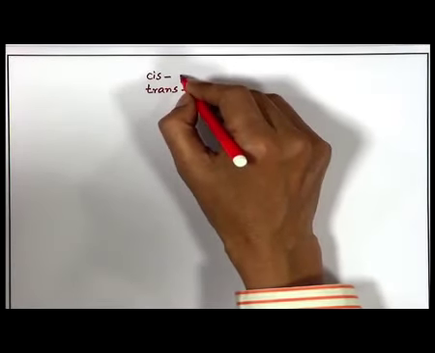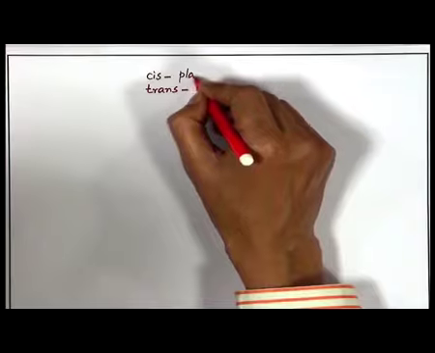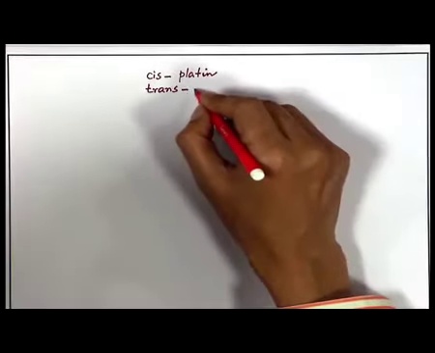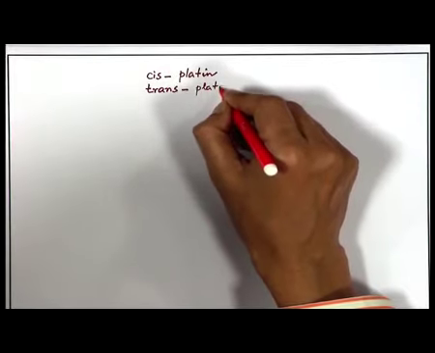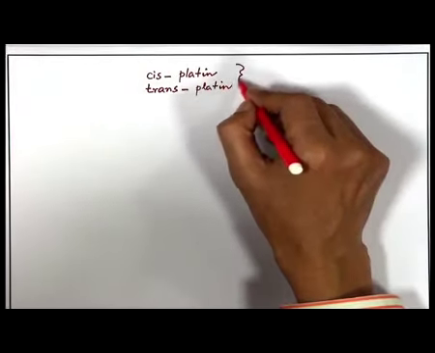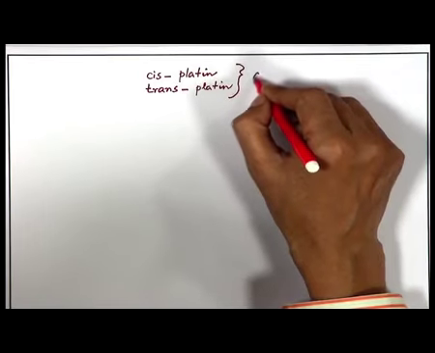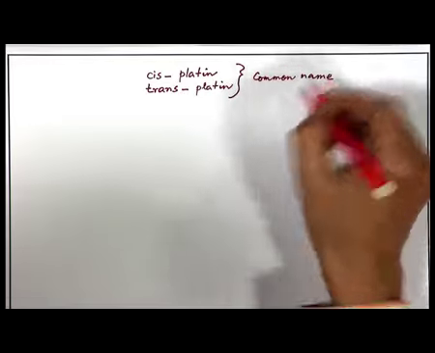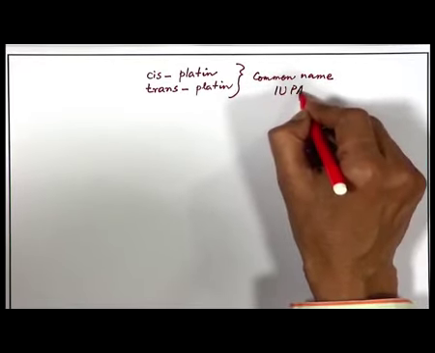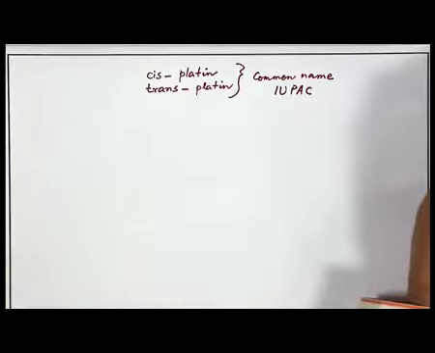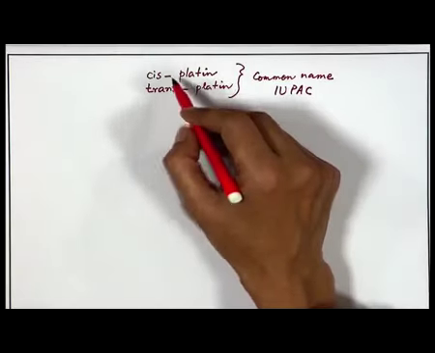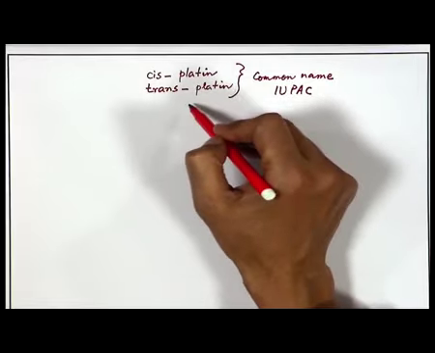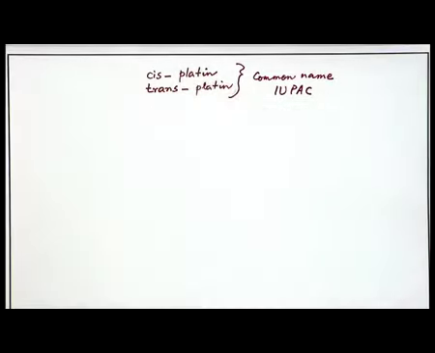So here we are naming cisplatin, and similarly we can have transplatin, but this platin nomenclature is a very common name. It is not an IUPAC approved name. So once we write it, there is no hyphen: cisplatin. Correspondingly we can also work out the transplatin.